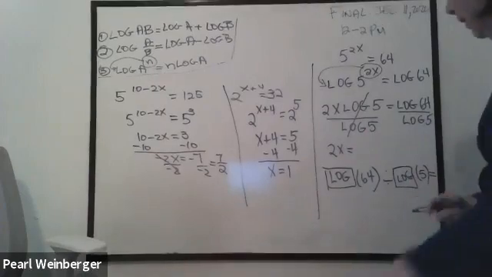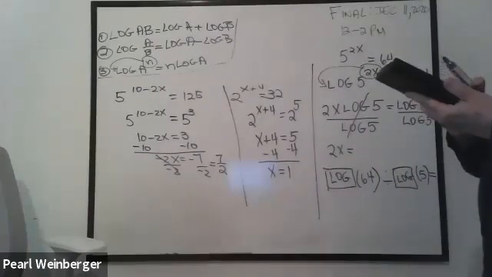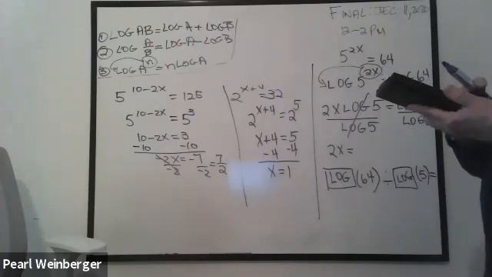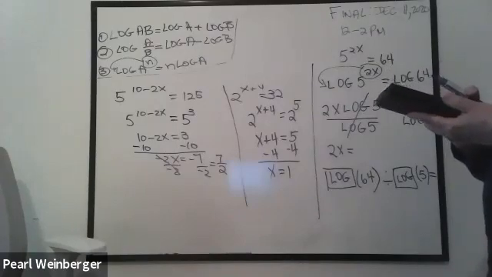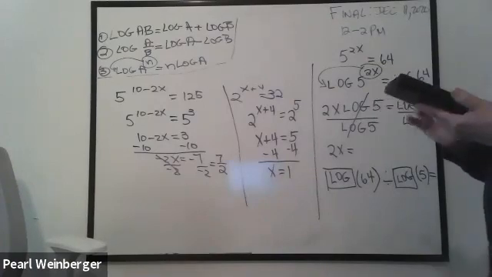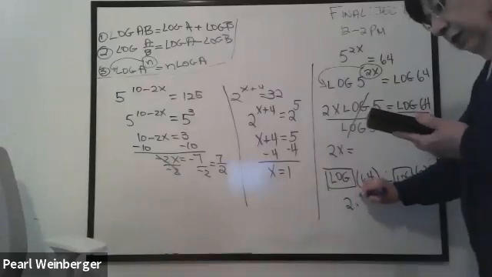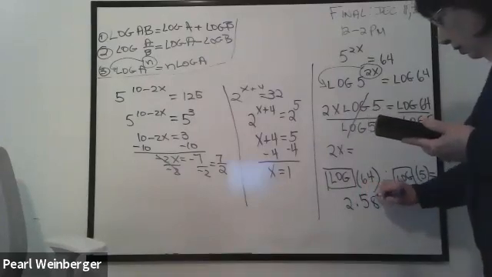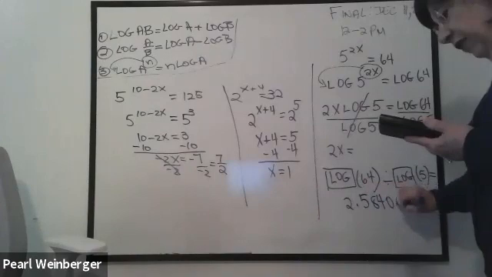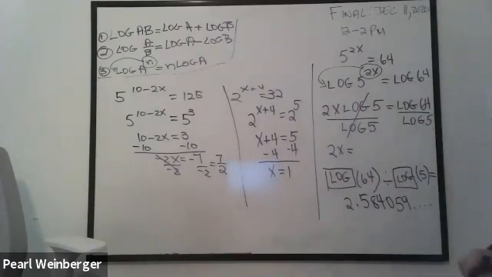Well, let's see what I get when I do that. Log 64, close parentheses, divide by log 5, and I get 2.584059, etc. if you did it on your calculator.